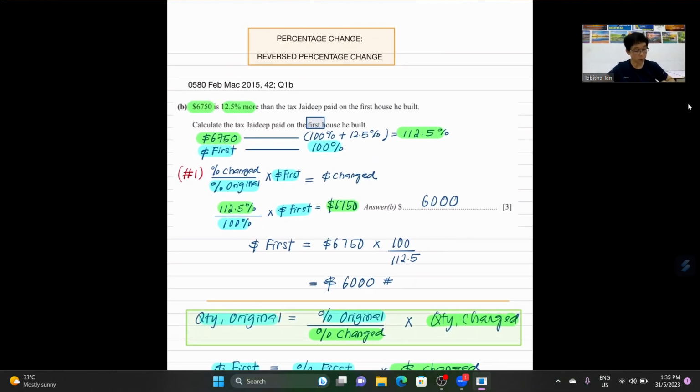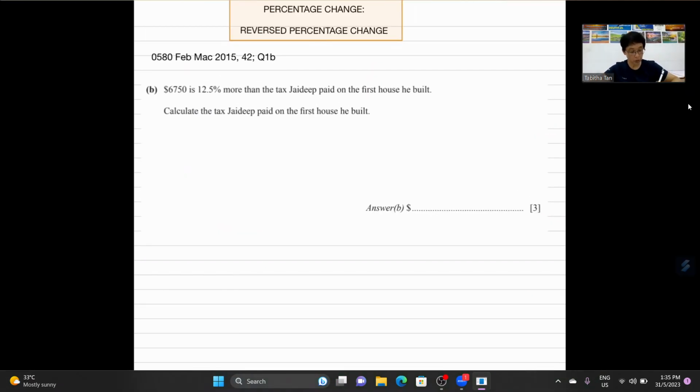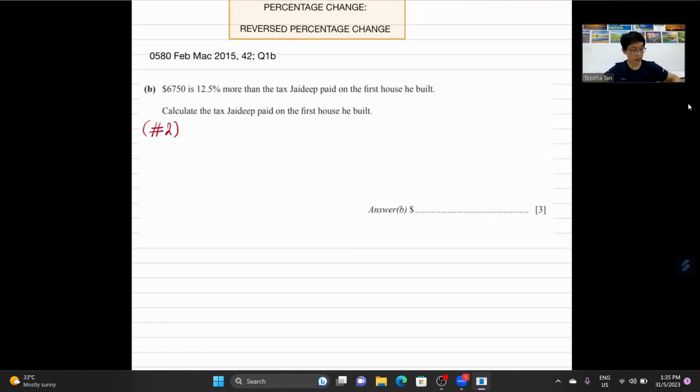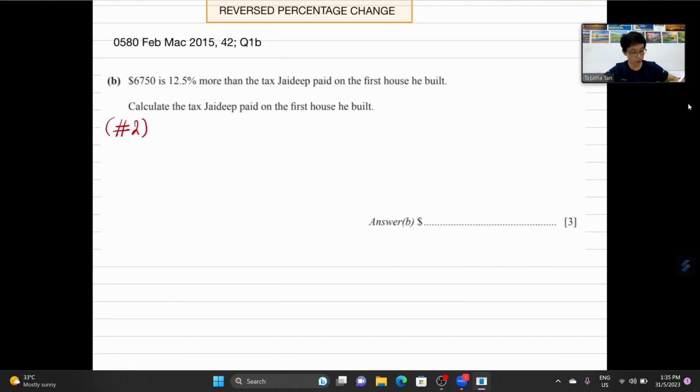I'm going to propose a second method, which is simply to use direct proportion, or we can just arrange the values as we have read them just now. So let me write that.